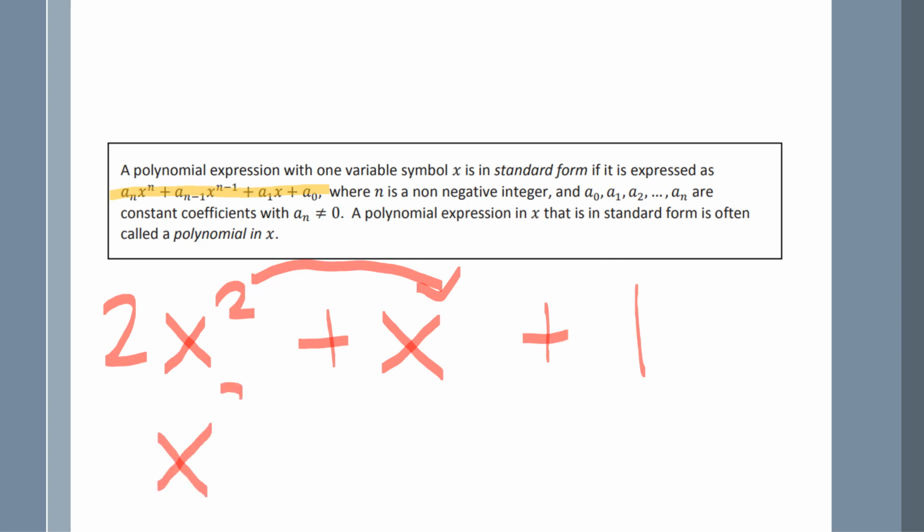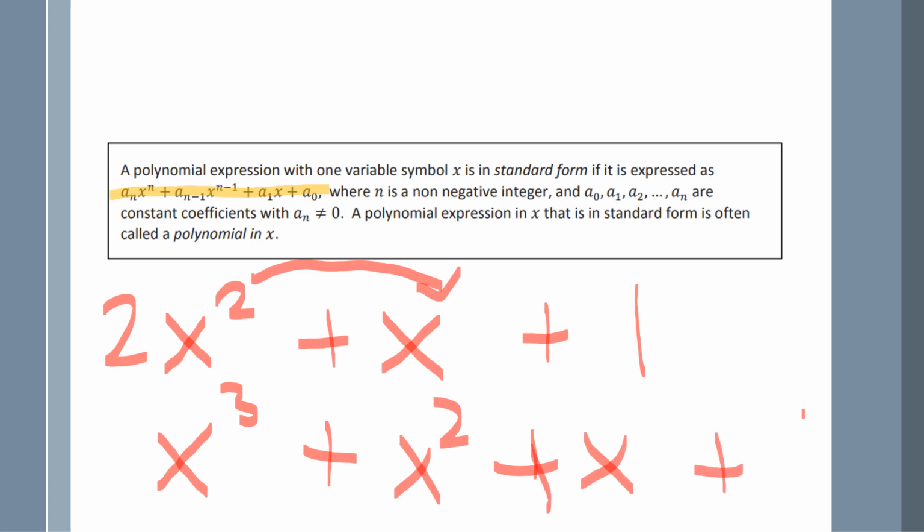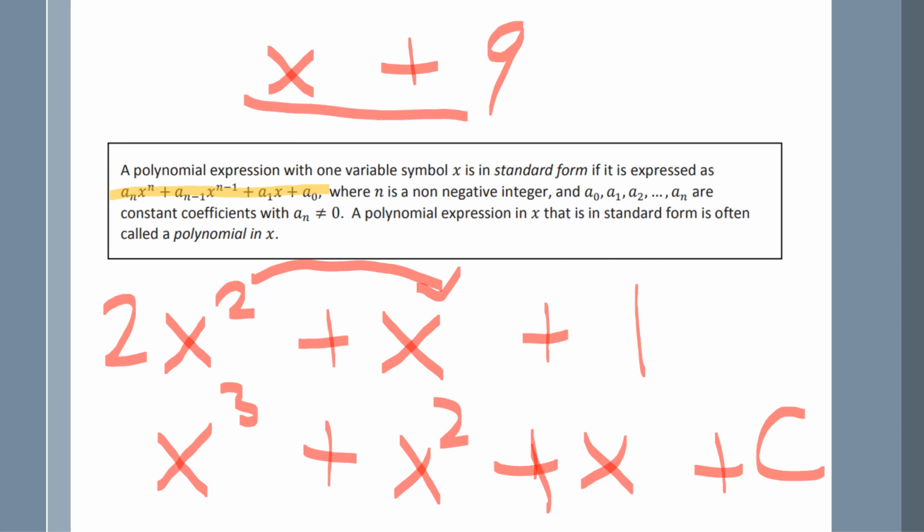So let me say x to the third, then x squared plus x to the first plus some random number, we're going to call it c. So that's another polynomial. You have more than 2 terms, because this one is a binomial. Poly is more than 2. That's not, this is.